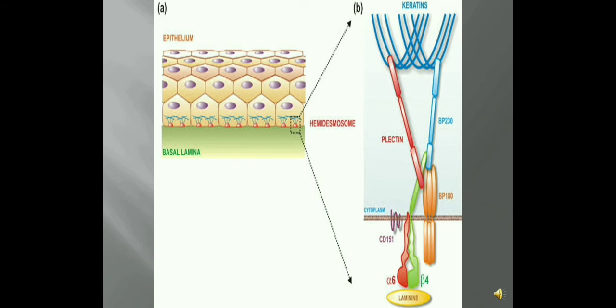Hemidesmosomes. These allow the cells to strongly adhere to the underlying basement membrane, and they maintain tissue homeostasis by giving signals. So these are strong because they hold themselves through the basement membrane and they provide signals.